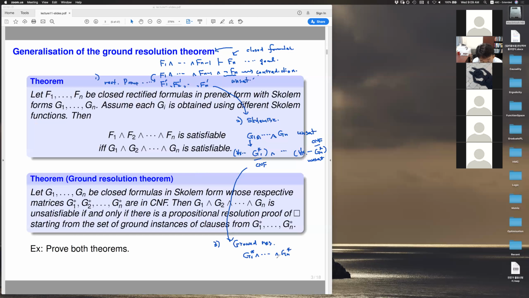Then think about all the possible ground instances, which means that for G1 star up to Gn star, you replace all of them in one go or separately, it doesn't really matter, with ground terms T1 up to Tn, which replace all the free variables x1 up to xm.